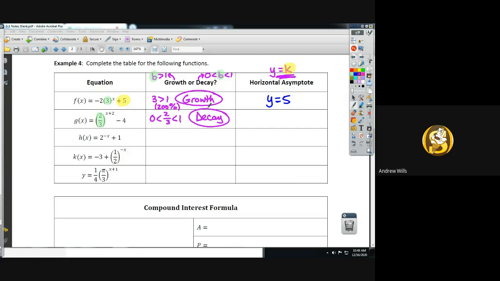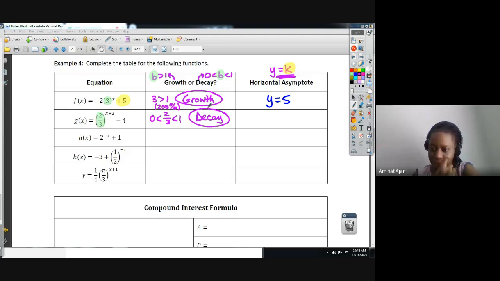Okay. Now, in terms of what percentage decay, 2/3 is less than 1 by what amount? How much less than 1 is 2/3? 0.33.